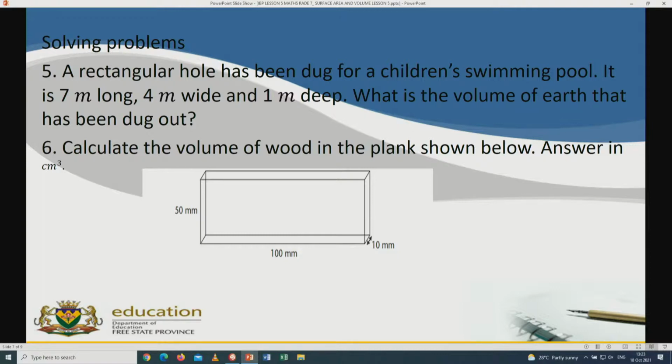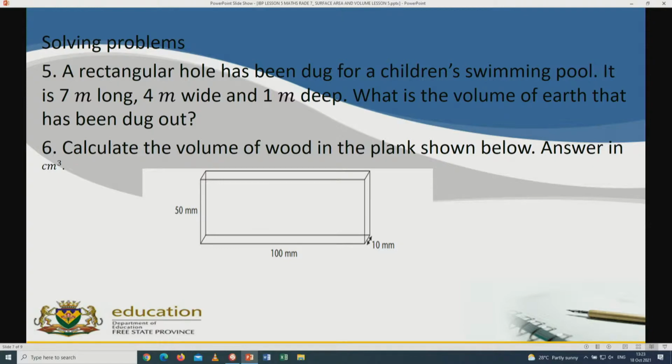We are now confident with the volume of a rectangular prism. We can clearly see that the picture of this wood plank is a rectangular prism. So what is the formula to calculate? Okay, let me write the dimensions first.